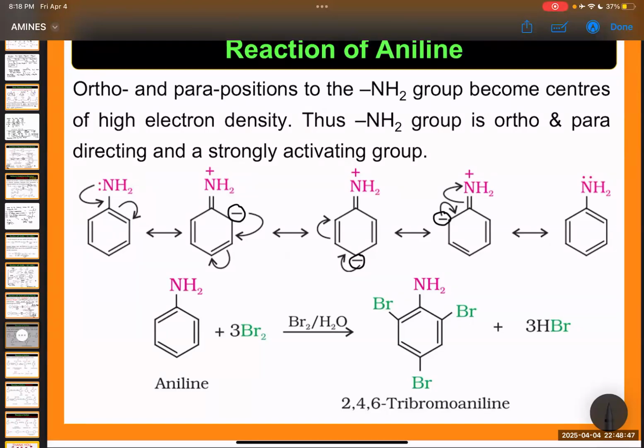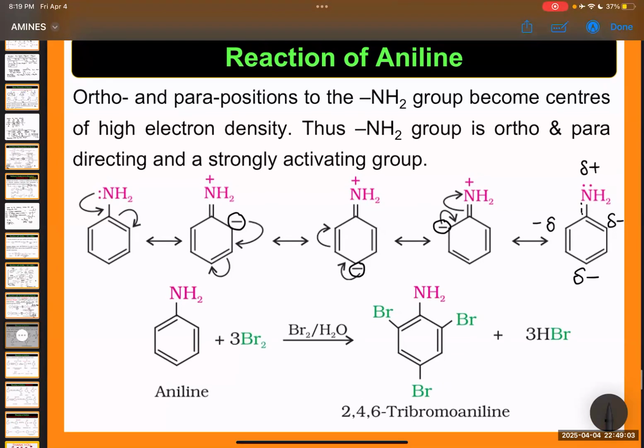And this makes the ortho and para positions rich in electrons. So the centers of reactivity where electrophilic reaction is going to take place in aniline are the ortho and para positions. I hope this is clear.